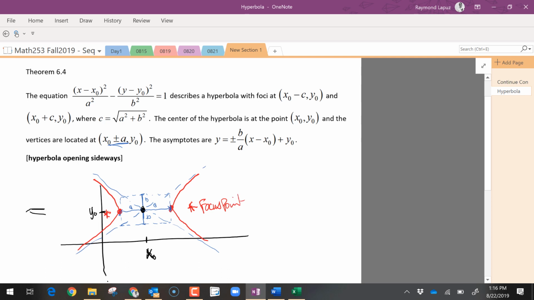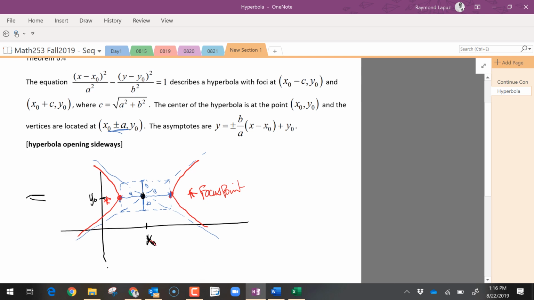So you have focus points on those sides. And that would be a distance of C, which is the square root of A squared plus B squared.